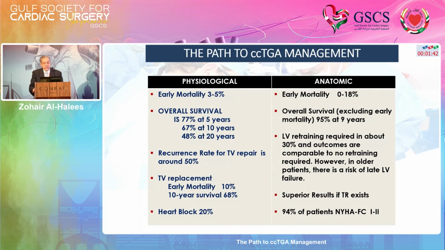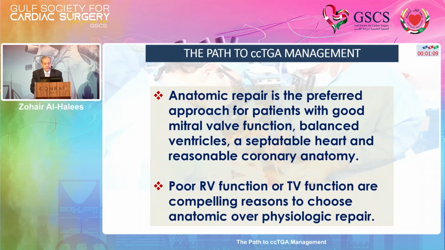If we replace the tricuspid valve on the physiologic repair, that carries a 10% early mortality, and also reduced 10-year survival, and the incidence of heart block is significantly high. In the anatomic repair, we still have superior results if there is tricuspid valve regurgitation compared to the physiologic repair. And if the early survival is good, then there is a 94% chance of patients being in a good functional class for quite some time.